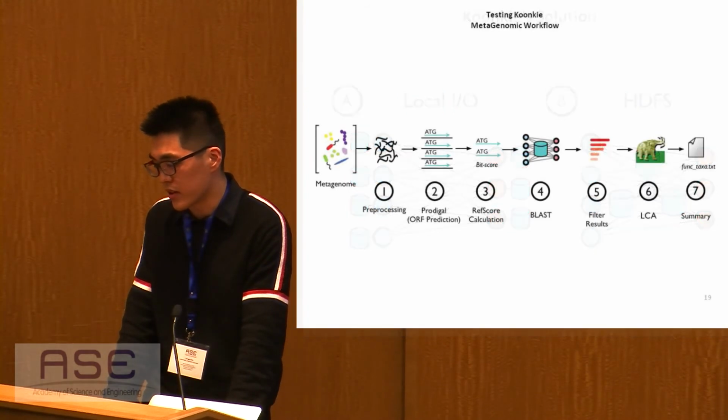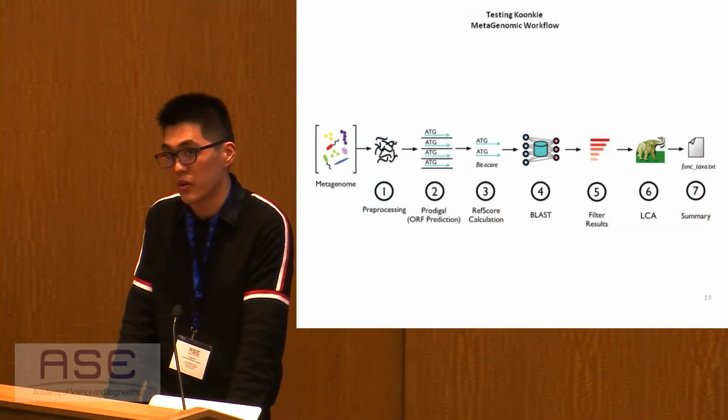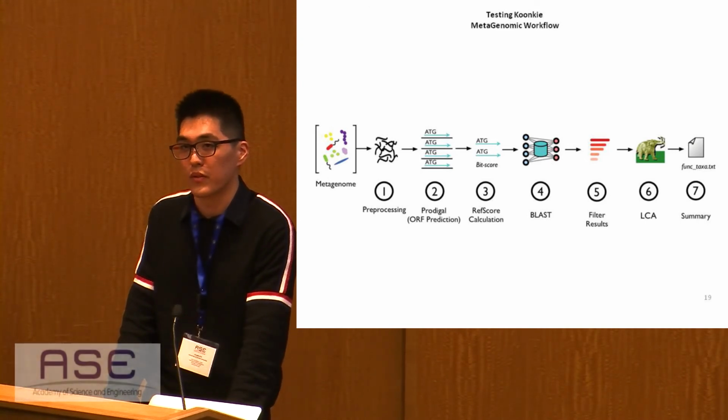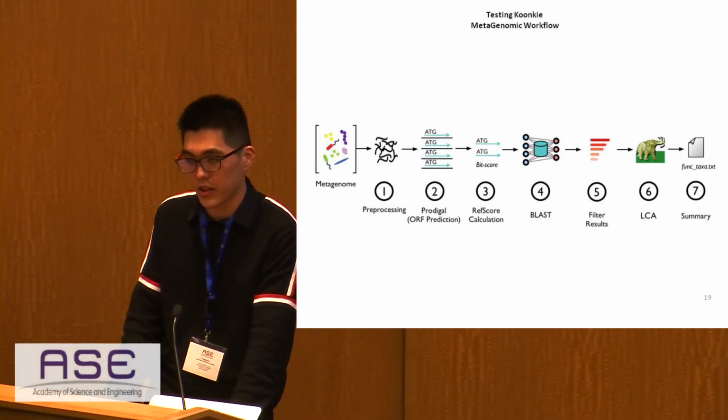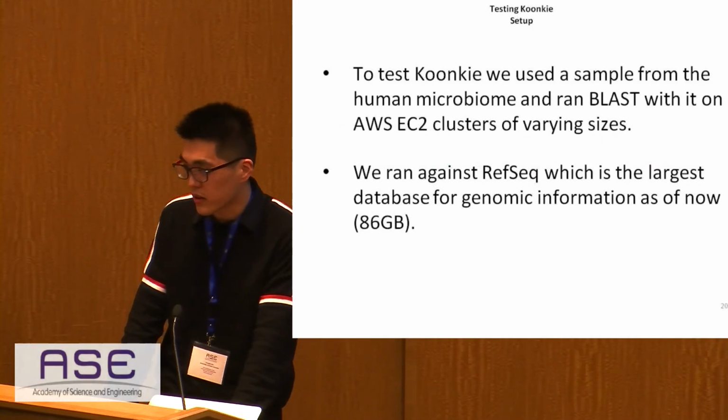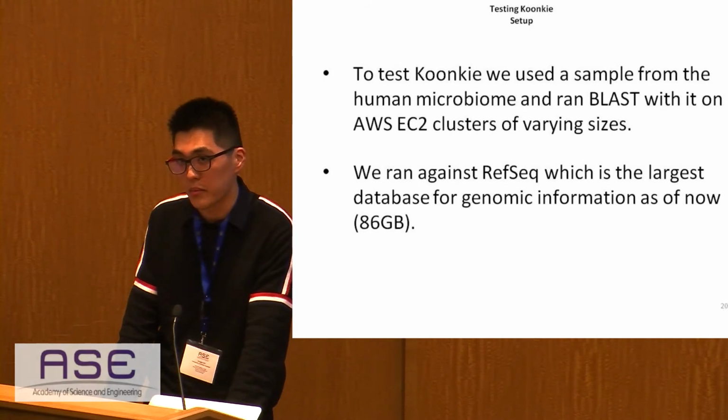This is in comparison to normal Hadoop, where everything would have to be brought down from the HDFS, and you don't know if you'll need to bring it down unless you carefully manage the timing of your jobs and your cache timeout policies. We tested Koonkie on a typical metagenomic pipeline.